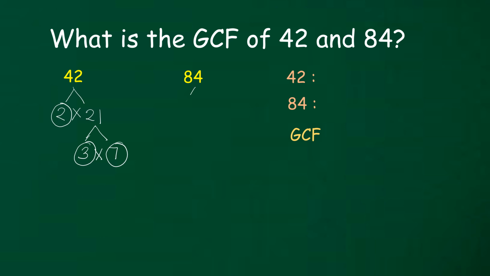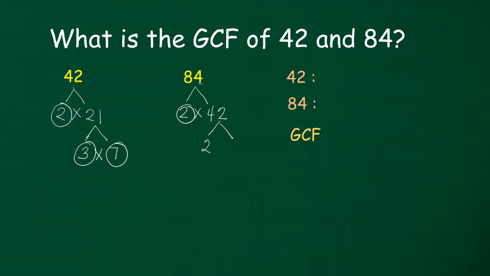Now let's go to 84. 84 ends with 4, so that can also be divisible by 2. So 2 times 42 is 84. So this one is prime. 42 is not. This is also divisible by 2.